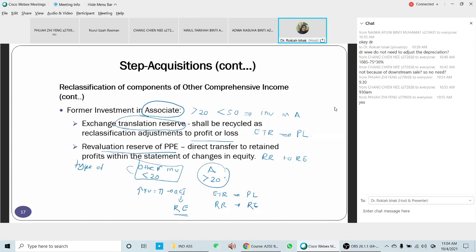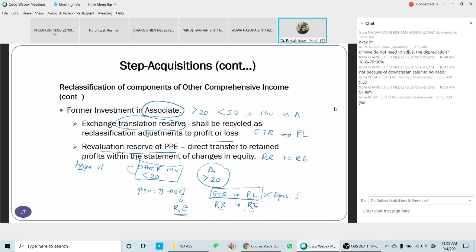But if your investment is an associate and you have the exchange translation reserve, it is going to be transferred to P&L. And then revaluation reserves are going to be transferred to retained earnings. I haven't shown an example about this one yet because this one is in topic 5. So you just focus on this one.